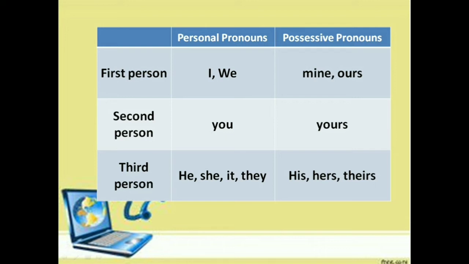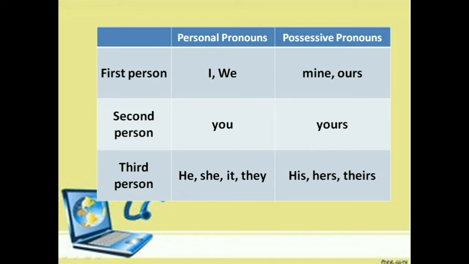It shows the personal pronouns and possessive pronouns. In the first person, I and we are the personal pronouns, and mine and ours are the possessive pronouns. Mine and ours show the possession or ownership.